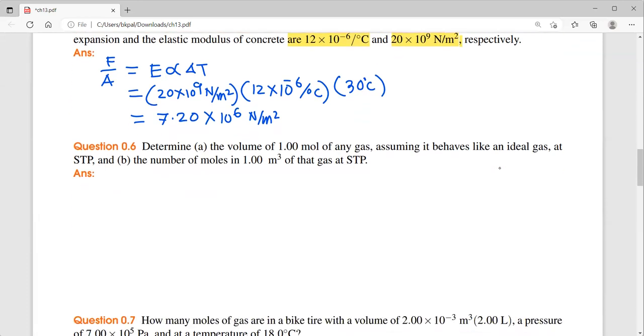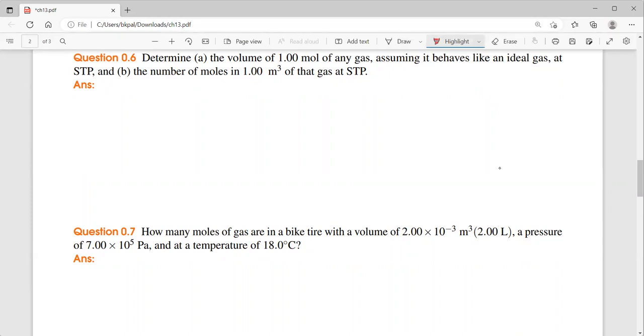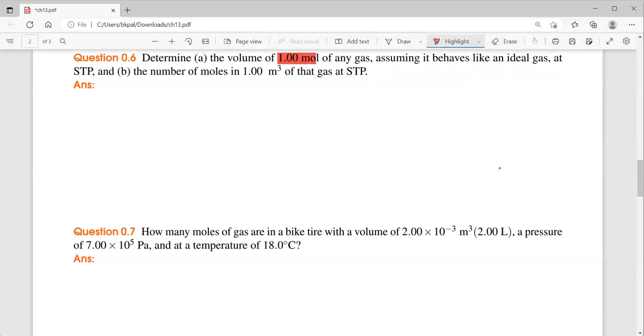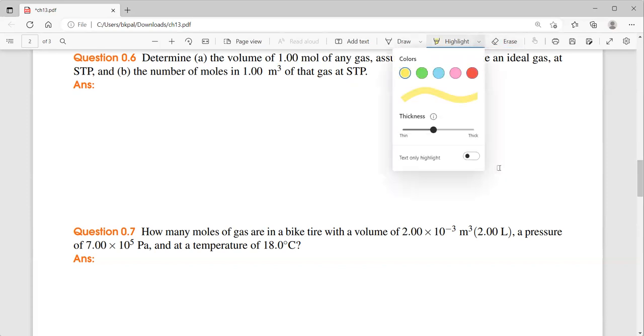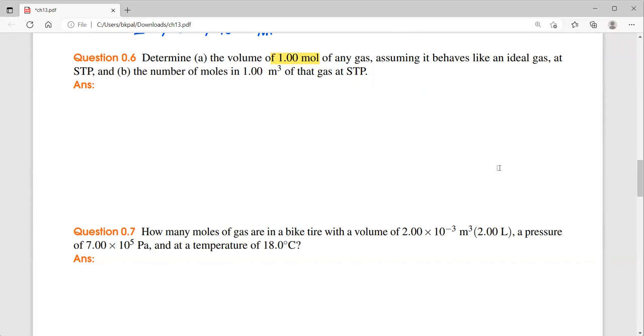All right. Next problem. So we are given the volume. No, I mean we have to calculate the volume, given that we have 1 mole of any gas, and assuming that it behaves as an ideal gas, at STP.